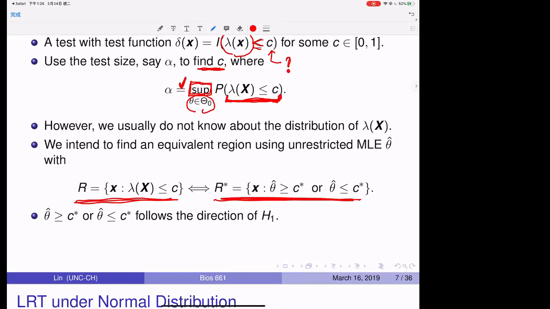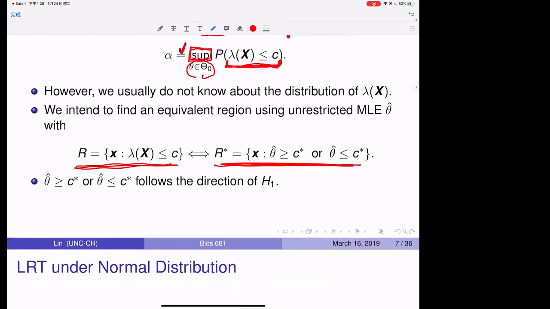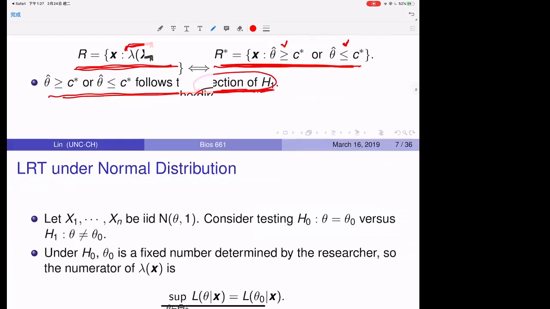Very straightforward. You might have bigger or smaller in terms of the LRT test. I'll teach you why when we get to assumptions. Really look at what the direction of H1 is. You will see that.